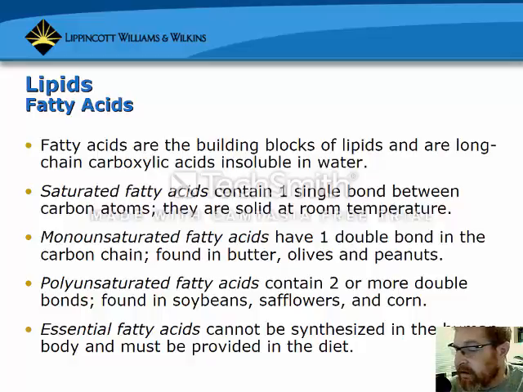For example, olive oil and peanut oil are liquids, and they will all be monounsaturated. We can have polyunsaturated, where you have two or more double bonds, and soybean oil, safflower oil, and corn oil are all examples of this.